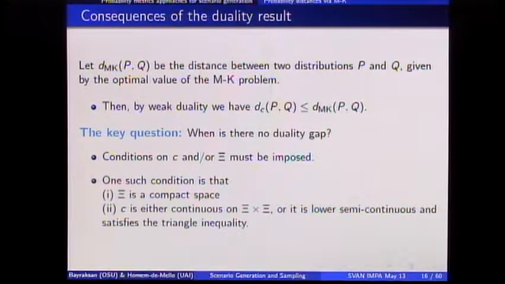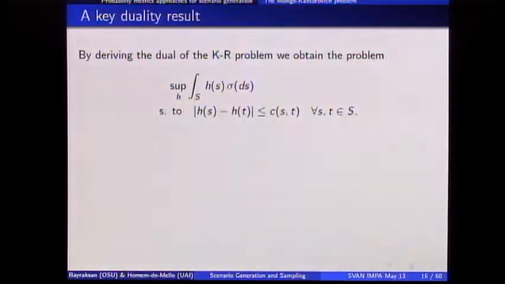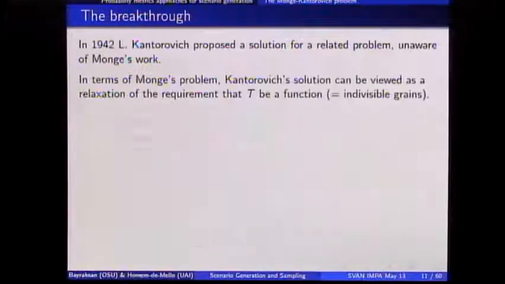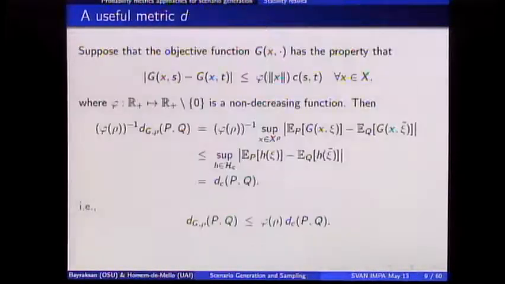So in conclusion, if we put everything together, remember we had this inequality. This is our original D0. Now we know that this is less than DC. And now we are saying that DC is less than the optimal value of the Monge-Kantorovich problem, which is something we can calculate, because this is a linear optimization problem.